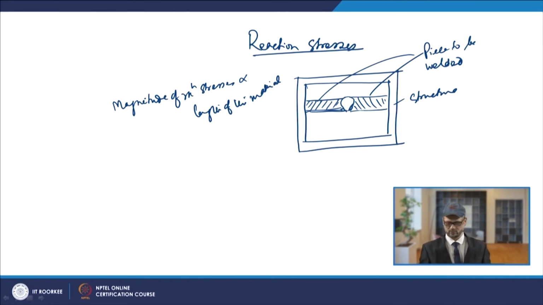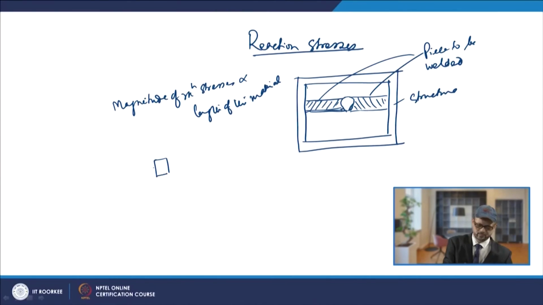Normally, the stresses which occur vary from joint to joint, depending on the type of joint. We have talked about the pattern of residual stresses in normal butt welds, but suppose you have a box weld.